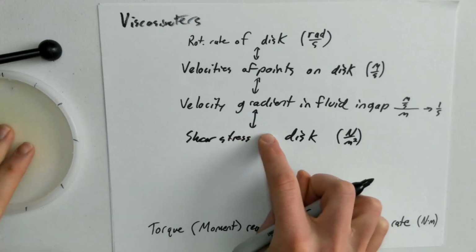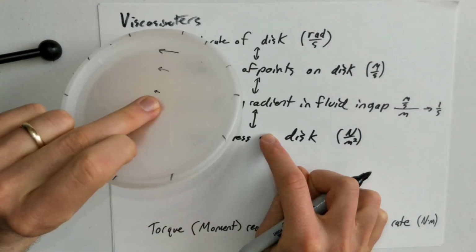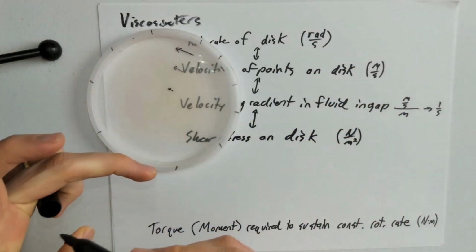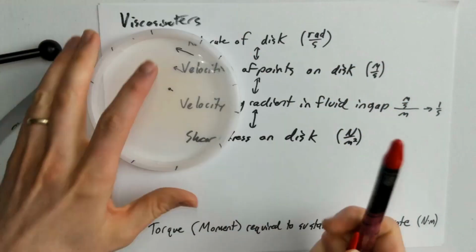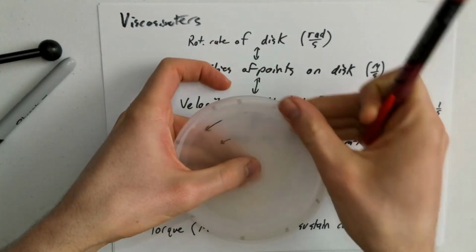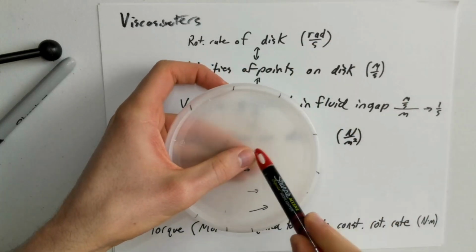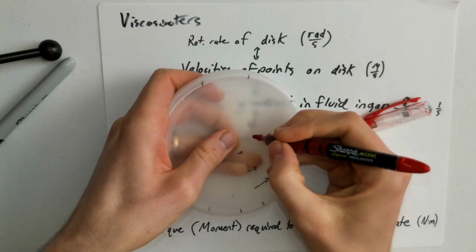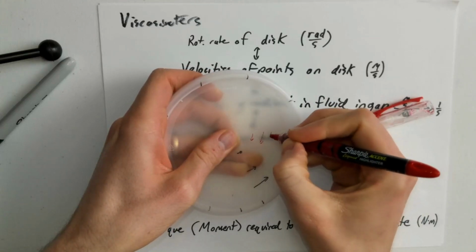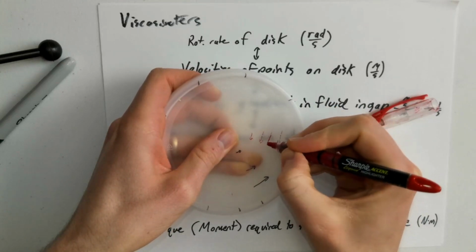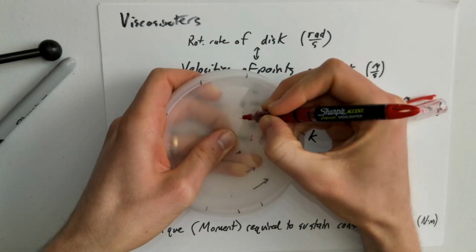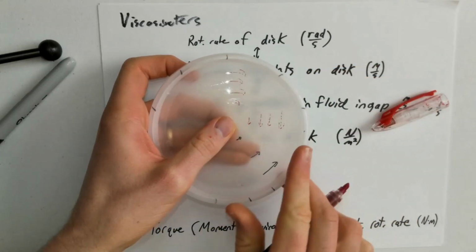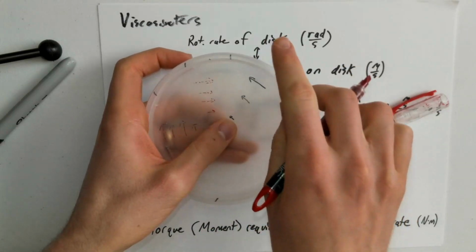If we have shear stress acting on that disk, then that shear stress is going to apply a bunch of little bits of force, right? If you imagine this disk is spinning, shear stress is acting throughout this disk. The shear stress is going to apply a bunch of little bits of force that are going to oppose the motion of this disk, right?